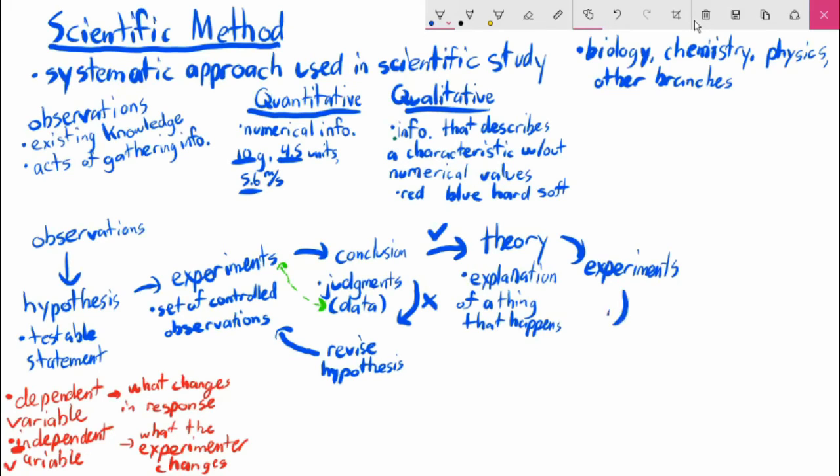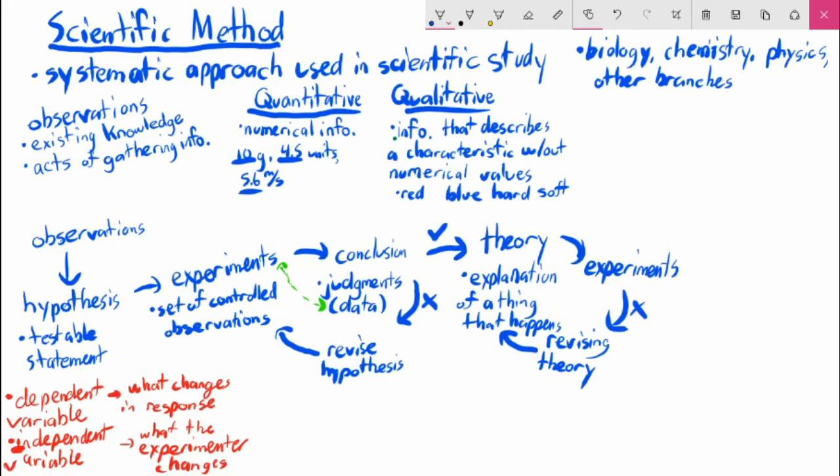If not, so we're going to put our X, then the scientist goes into revising the theory to make a new theory, a better theory, or something like that. So when they revise a theory, suddenly they're set up with a new theory.